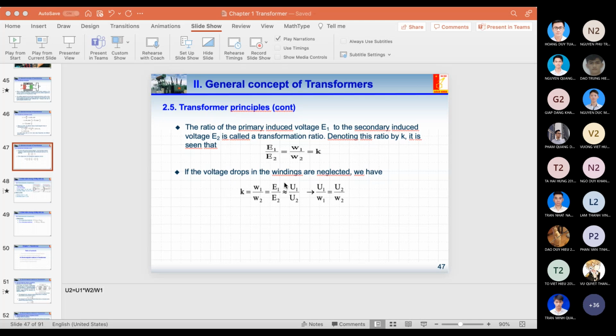And of course, the idea is that we need to change the turn number of W2. It means that you have to change the winding getting low voltage. Low voltage is the same answer as the previous student. And now I should ask another student to see whether it's correct or not.